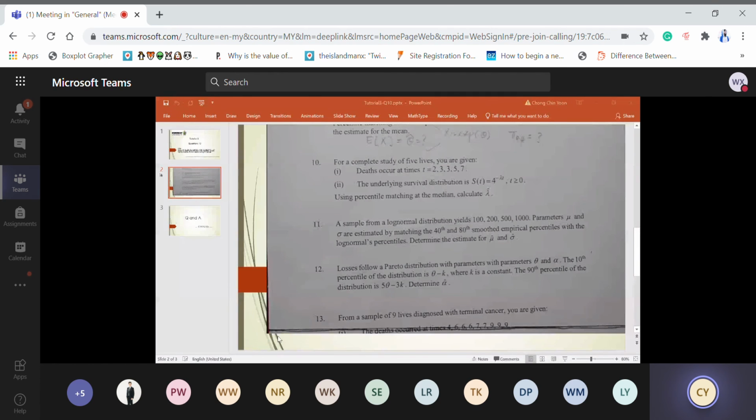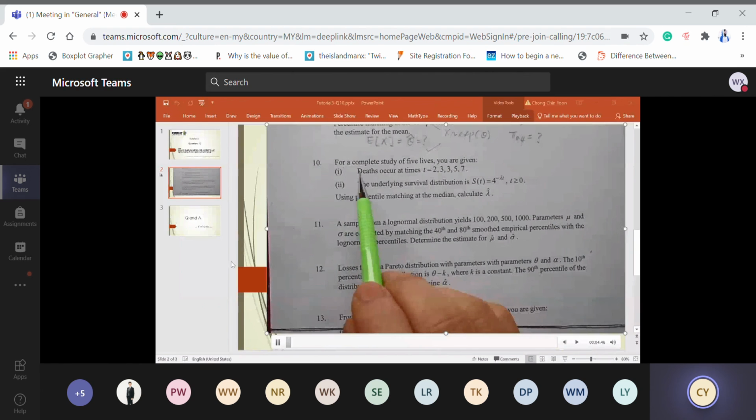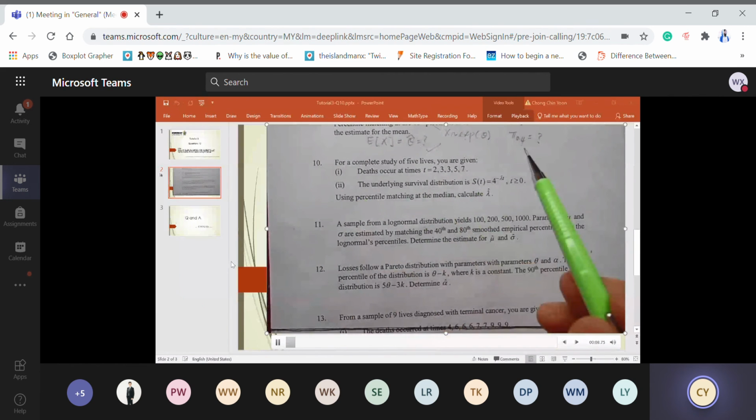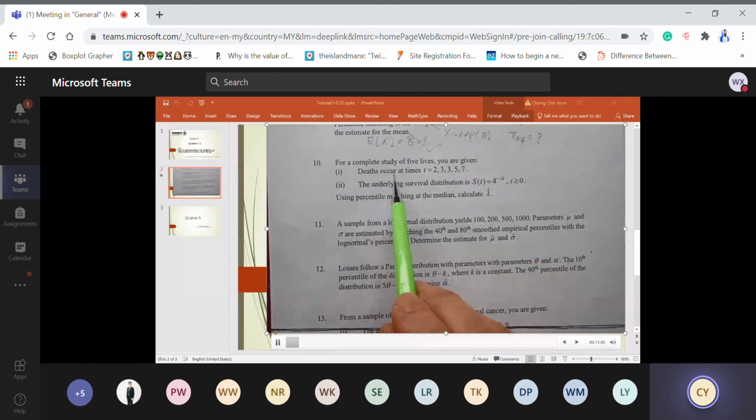Number 10. For a complete study of 5 lives, you are given the following. First, death occurs at times given by this data. Second, the underlying survival distribution is given by these equations for t greater than or equal to 0.